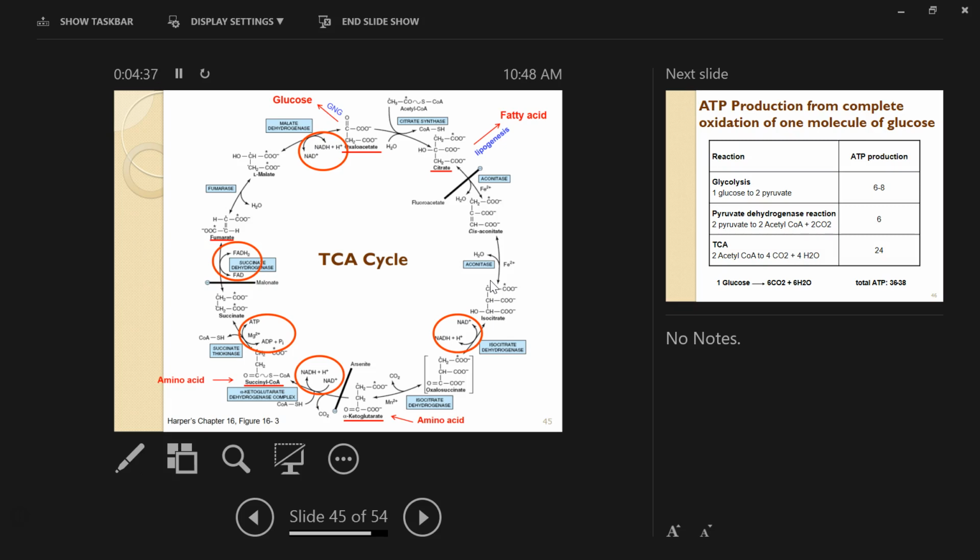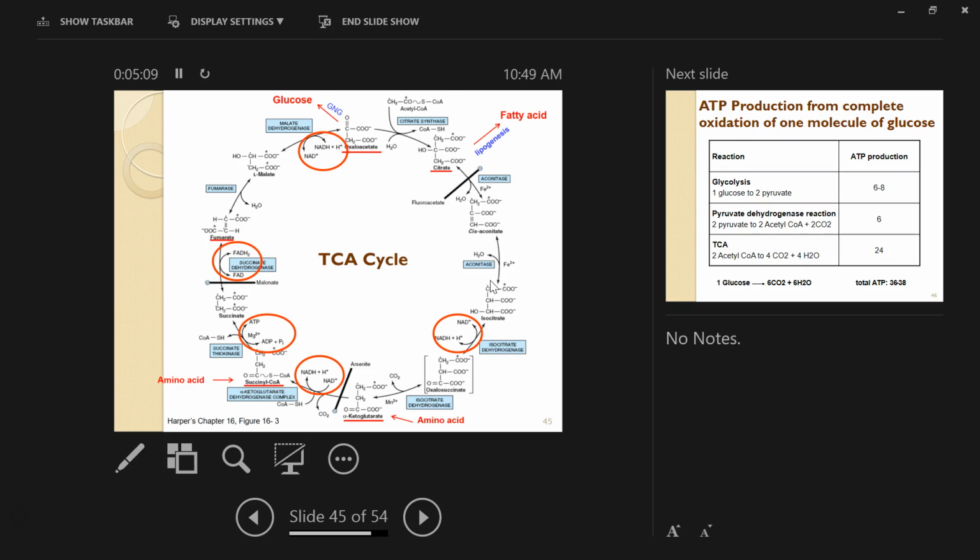So I'll just give you an example: citrate, oxaloacetate, alpha-ketoglutarate, succinyl-CoA. These are the most important intermediates or metabolites in the TCA cycle, and these metabolites connect to other nutrient metabolites or other metabolic pathways.